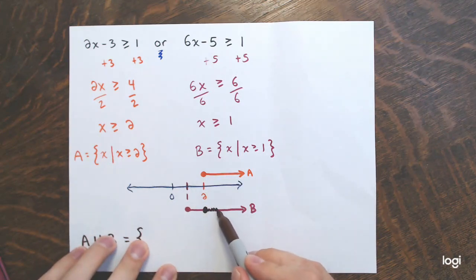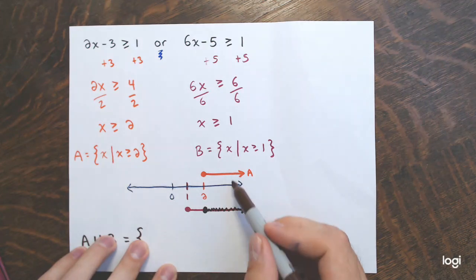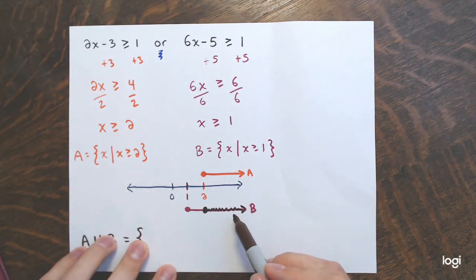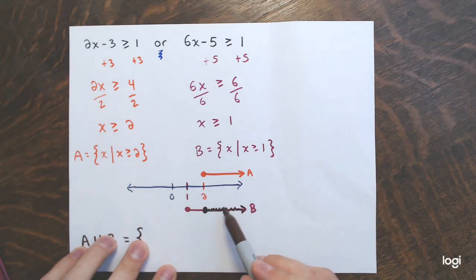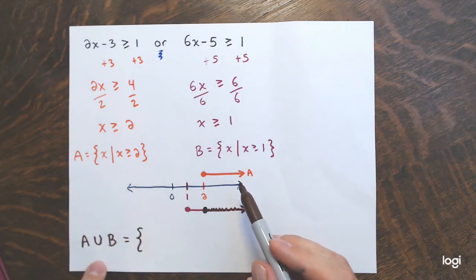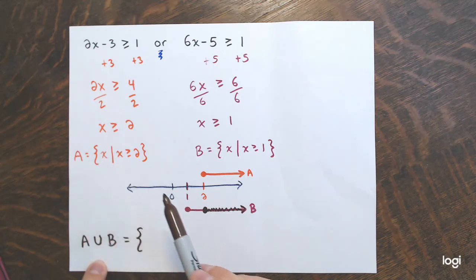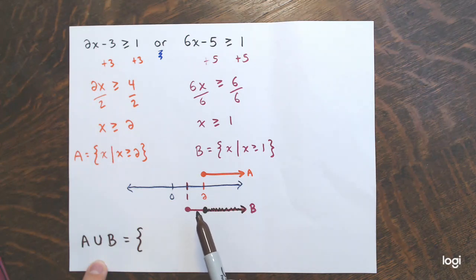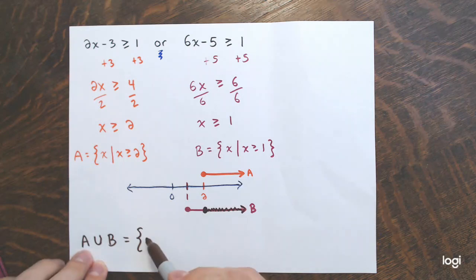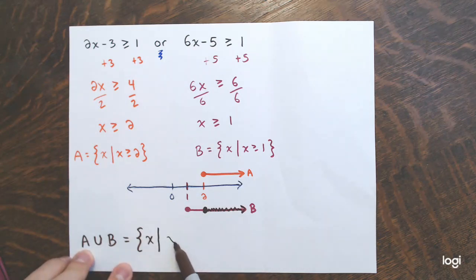And all the numbers greater than 2 are also in B. So A, you can just lump into B. All those numbers belong to the union. And all the numbers that are in B that aren't in A, all these numbers here from 1 to 2, they belong to the union as well. So hopefully you can see that all the numbers in the union are all the values of x that are just greater than or equal to 1.